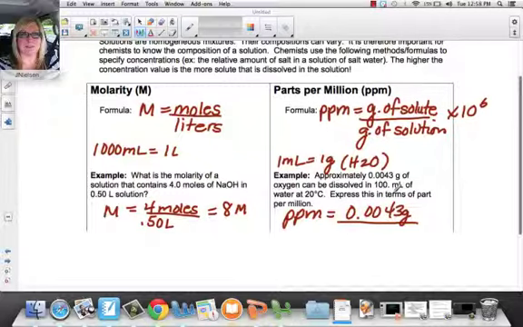It's dissolved in 100 milliliters. So what you have to be careful of, if it's dissolved in 100 milliliters, then the total solution is 100 grams plus the 0.0043.